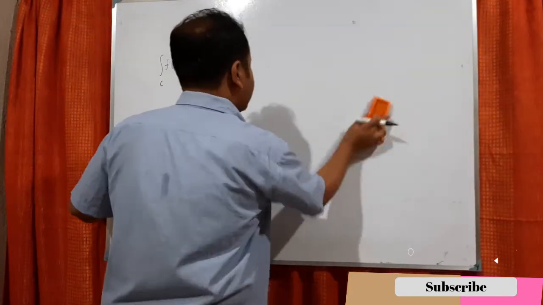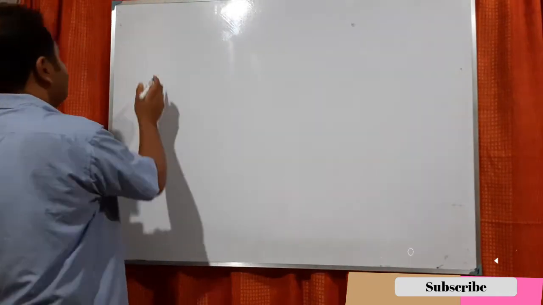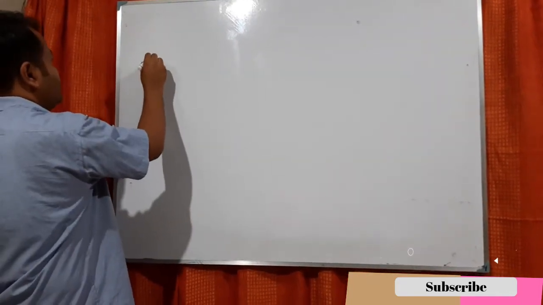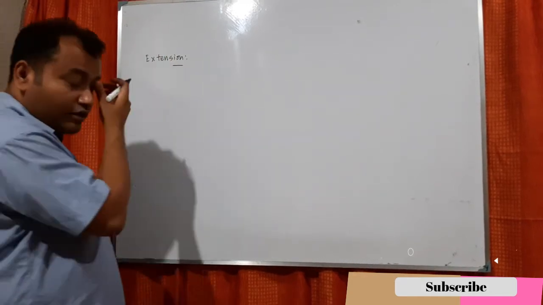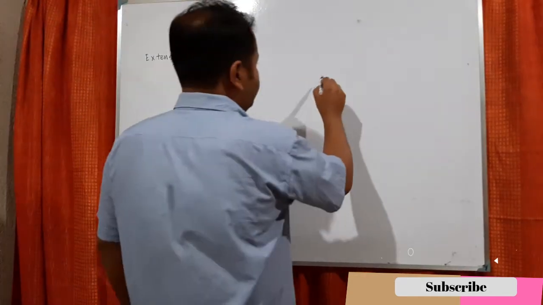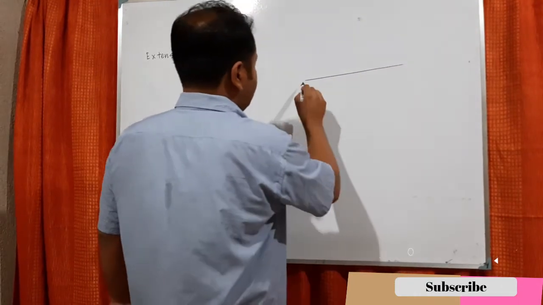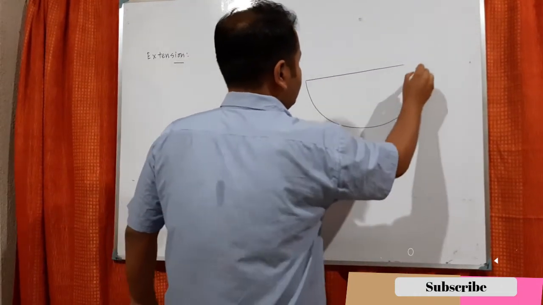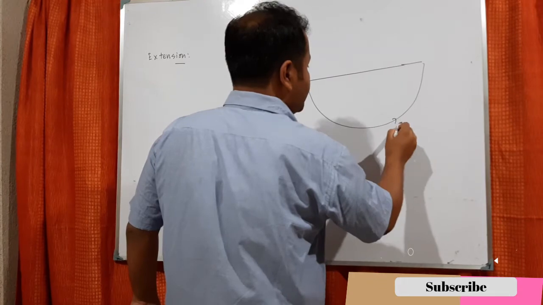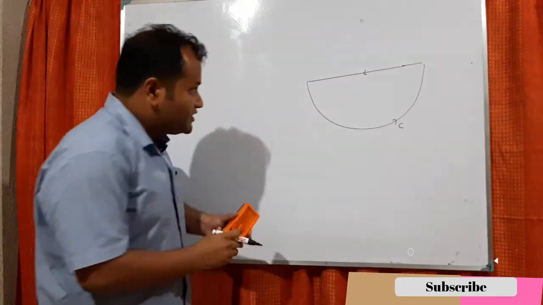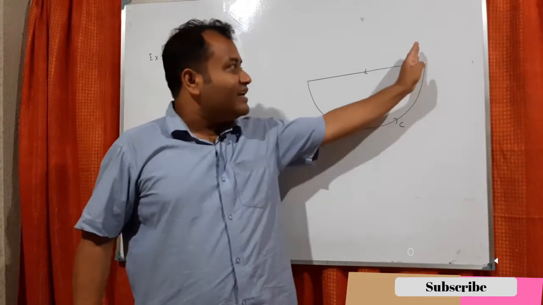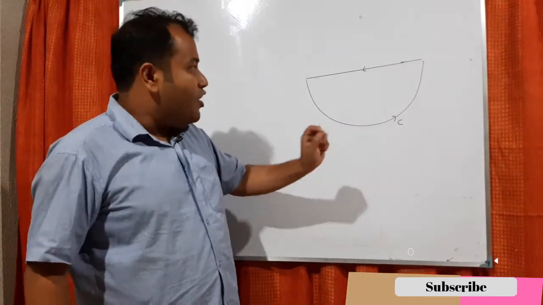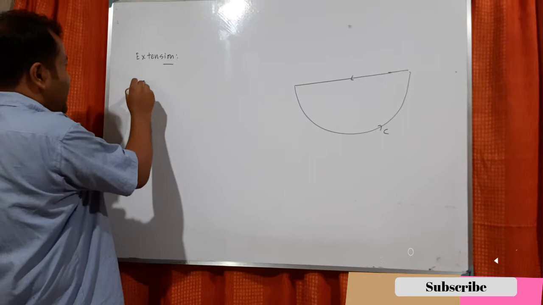Now, what is the extension? Carefully look into the diagram. Suppose there is a curve C. Carefully see, we have given some arrow on the curve. It means it is anti-clockwise, or positive sense.